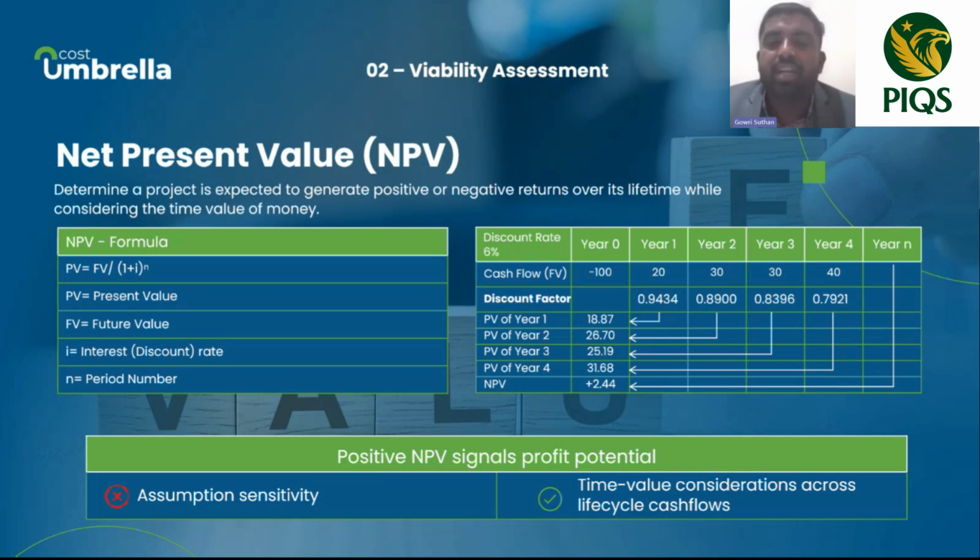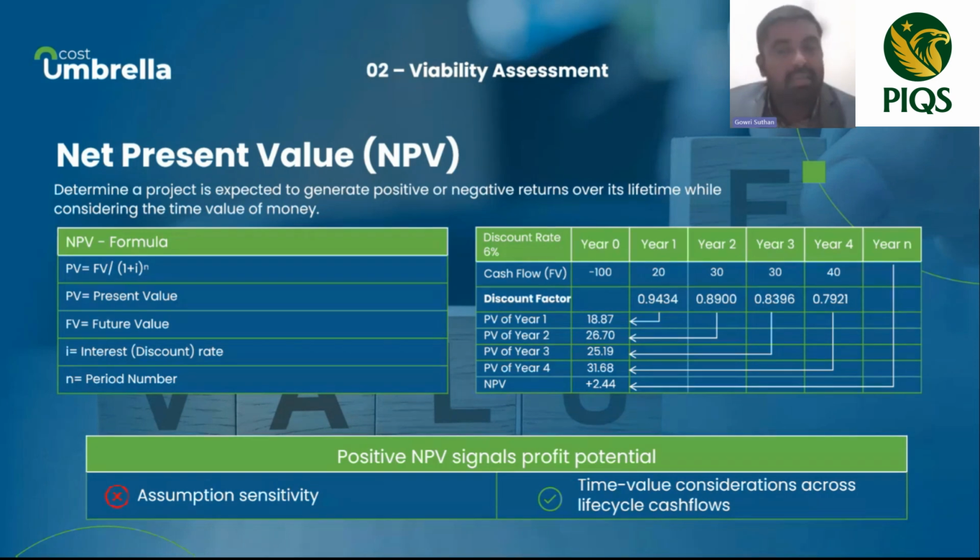Every year your inflation rate is 6% increasing. That means in year 1 you have 1 liter of petrol for 100 rupees. In year 2 the same petrol, 1 liter, is 106, right? Year 3, 6% of 106. That means with time, every year money value is decreasing by 6%.